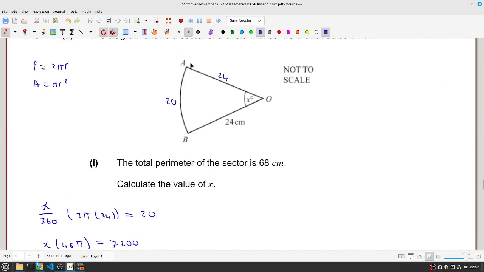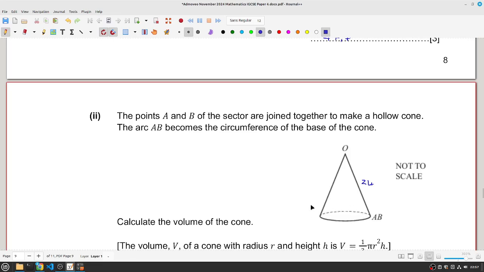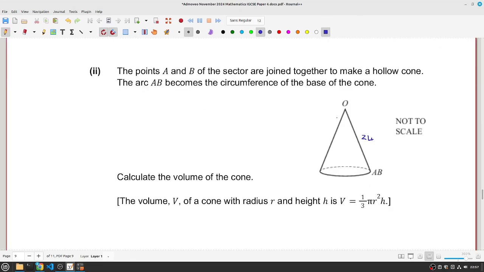Okay, this A to B part here is now the circumference of this circle. Right, so that's the circumference here of this circle. 20 equals the circumference. Okay, so we can use that to find the radius. So let's say that's the radius.